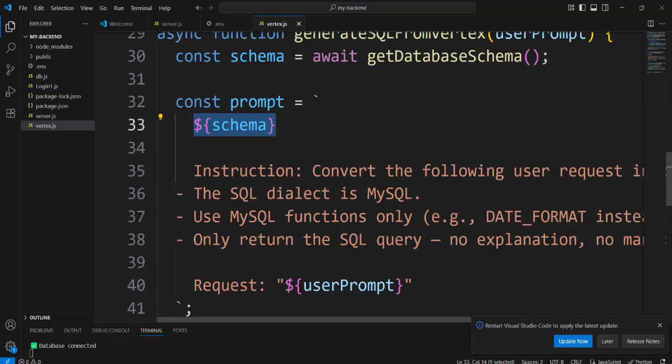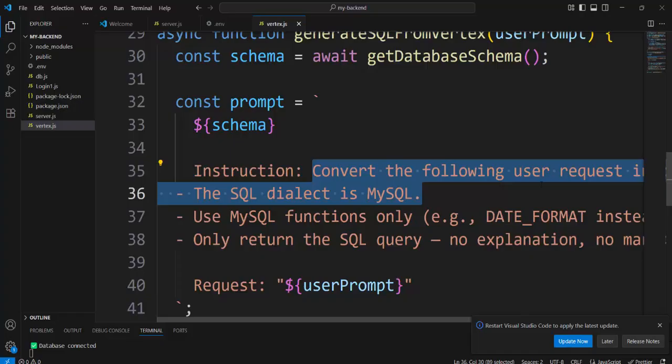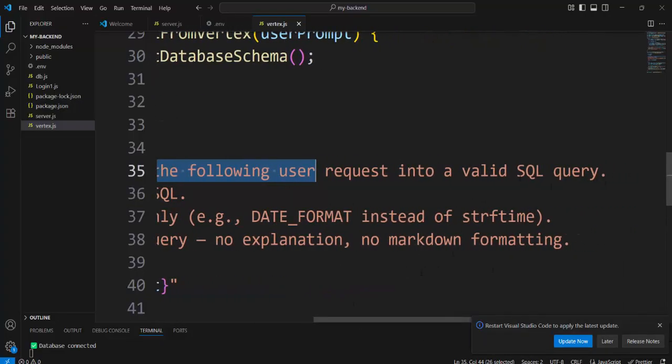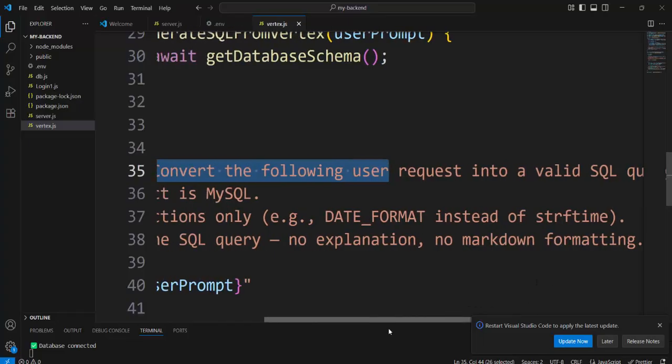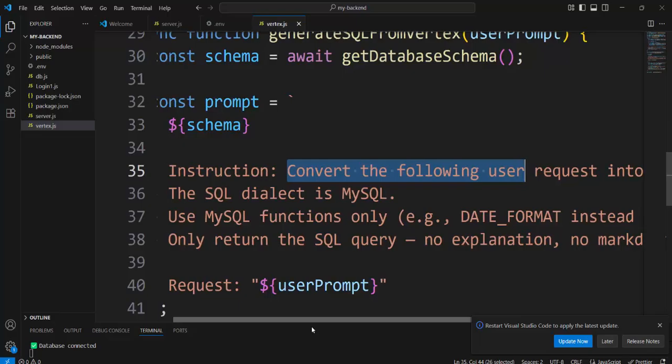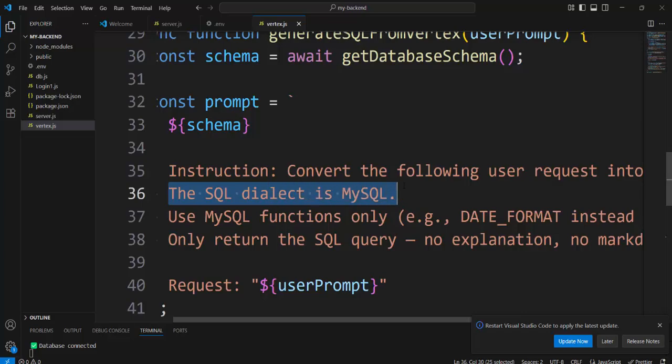Also, we need instructions. Look: convert the following user request into a valid SQL query. Without instructions, Gemini doesn't know what to do with our request. And again, an instruction: the SQL dialect is MySQL.